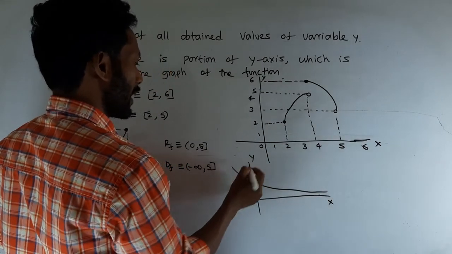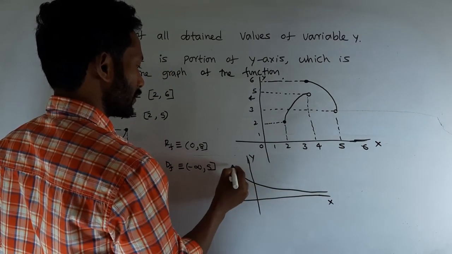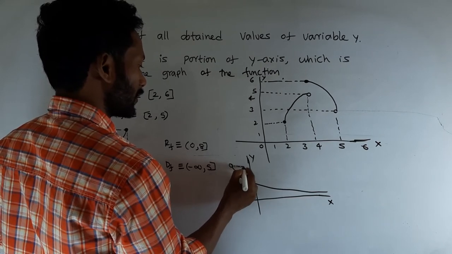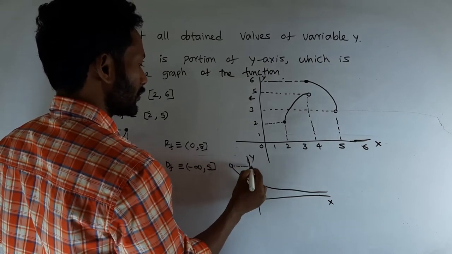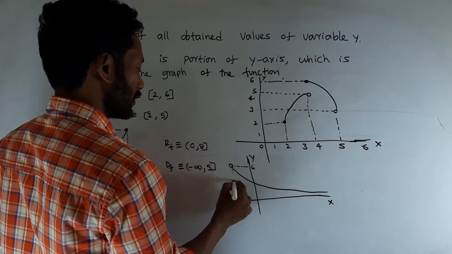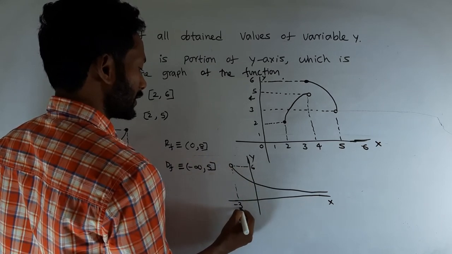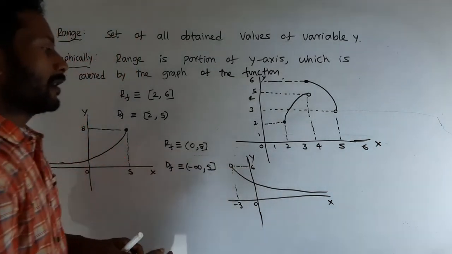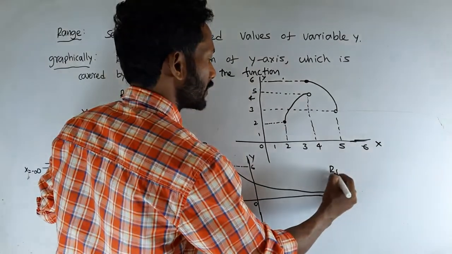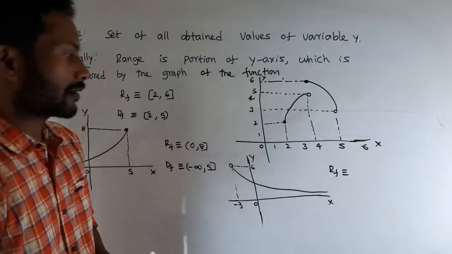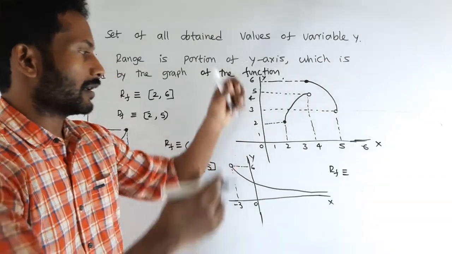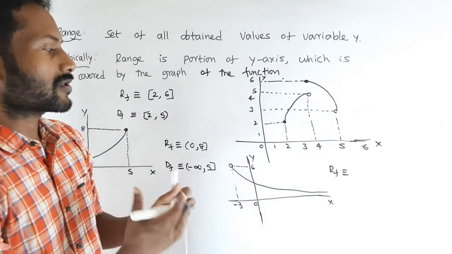X-axis, y-axis. This one is 6. This value is minus 3. What is the domain? What is the range of this graph? Range of this function f of x. So range is the portion of the y-axis.